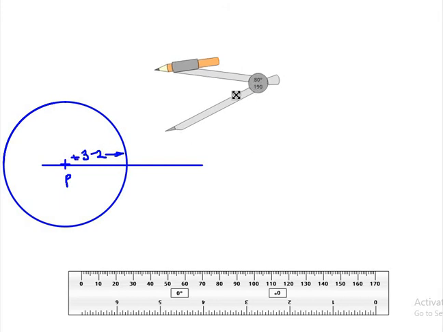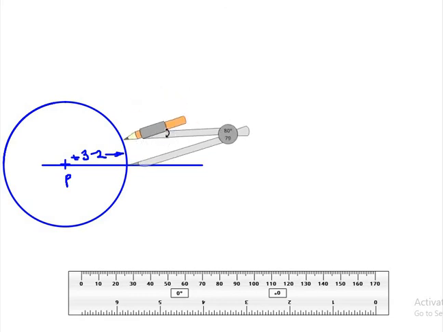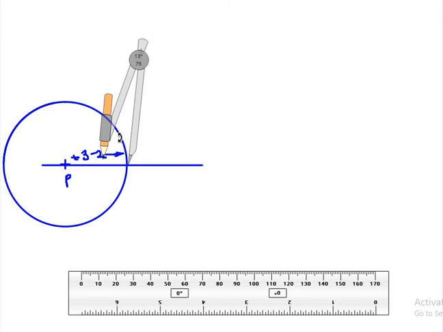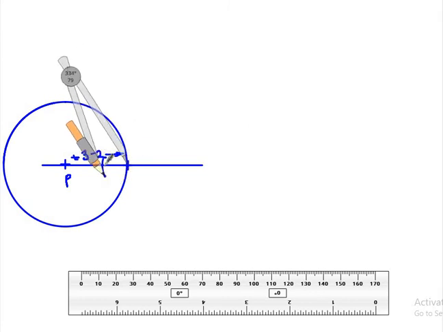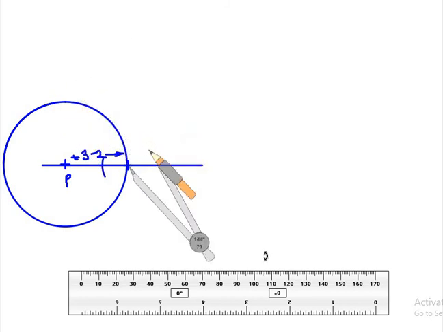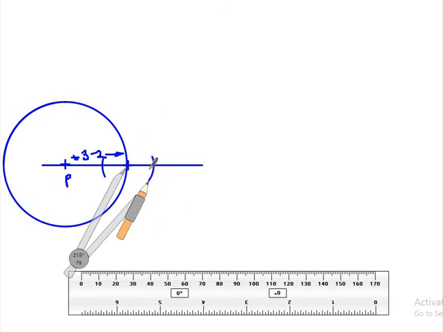Now see, this method is very simple, simpler than the previous one. What you do is that take a proper scale and mark two segments in such a way that we get a segment on this ray here.